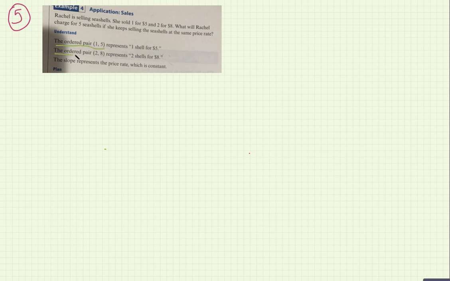So we have 2 ordered pairs, and we talk about a slope that is constant. A constant slope means a line.